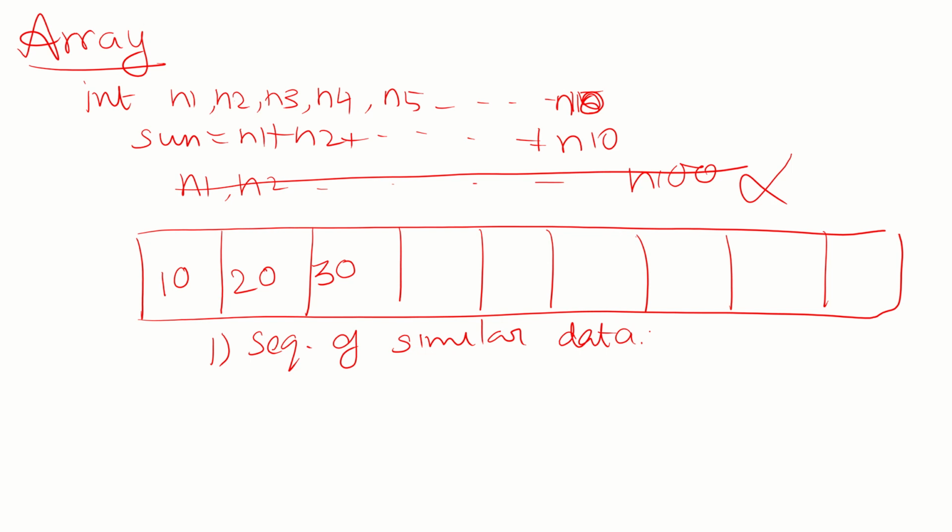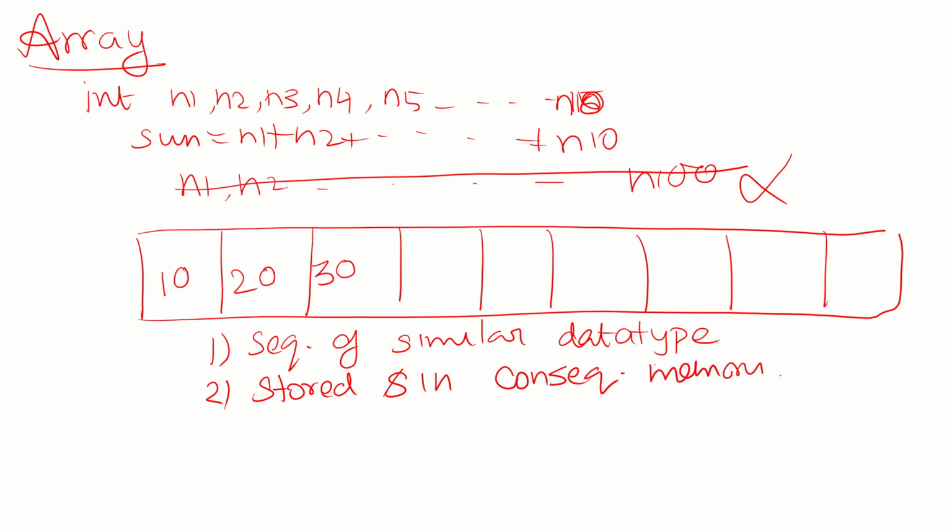Data type means everything should be integer means integer, float means float, and it is stored in consecutive memory locations. Consecutive means next. Consecutive memory locations, accessed by a single name. It has only one name.